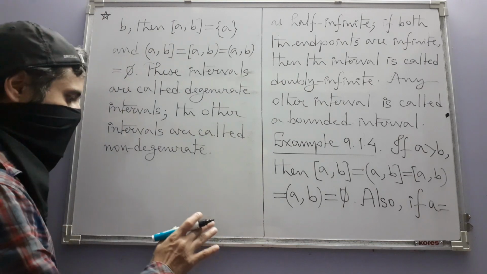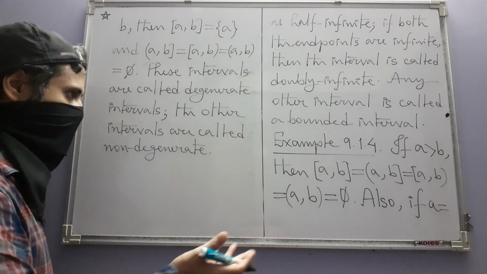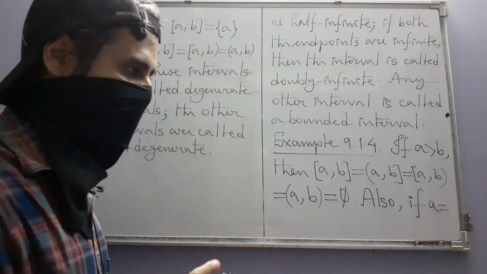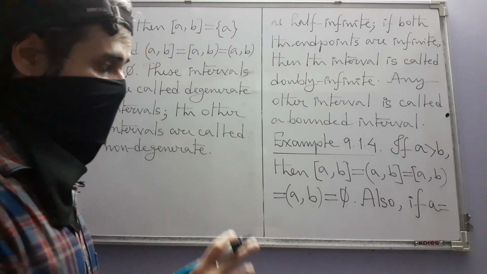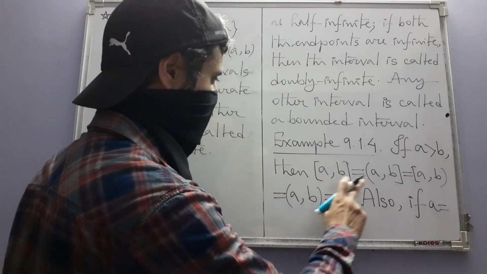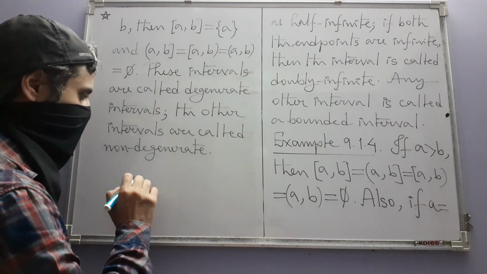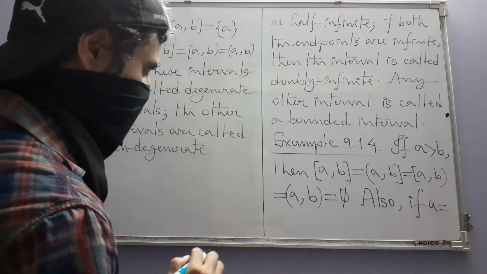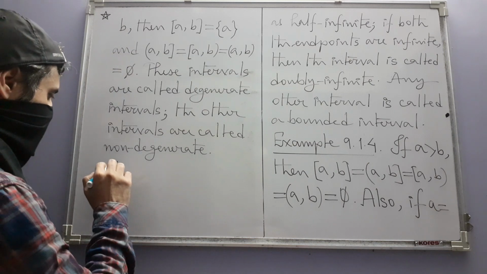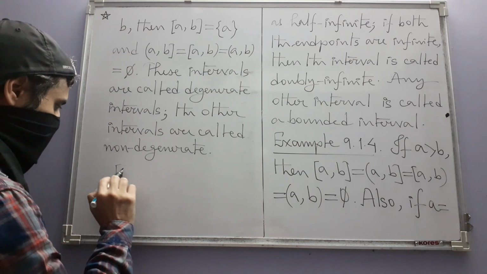Now, using intervals, we will have some other sets. We won't have simply just intervals as domains of the functions that we are going to study, but some other sets also that can be formed using intervals. For example, we may consider this.